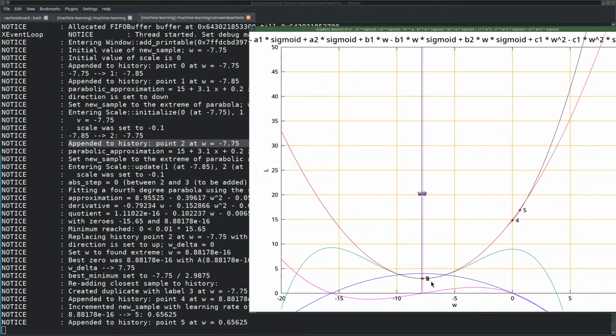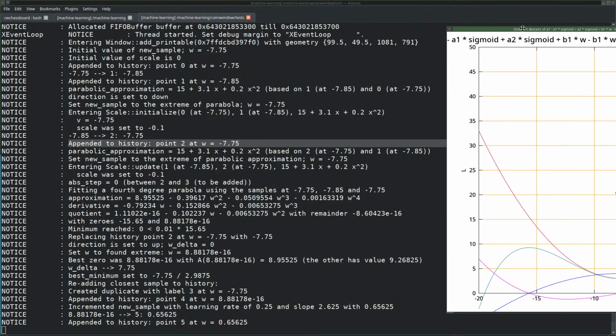I guess 0 was in the minimum, and then 1 was a little bit to the left, and then number 2 is again in the minimum, right? So 0 and 2 are actually the same point, both in the minimum. But this new parabolic approximation is still based on the point 1, which was a little bit to the left. So no problem there fitting the parabola again.